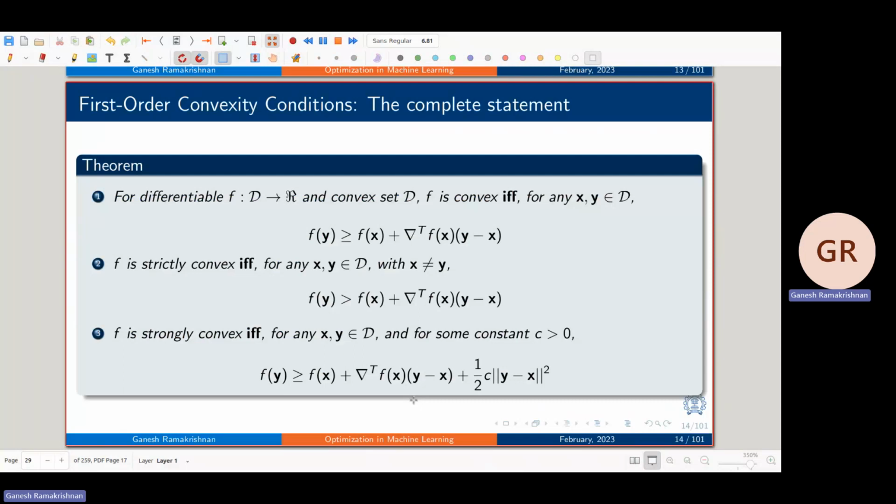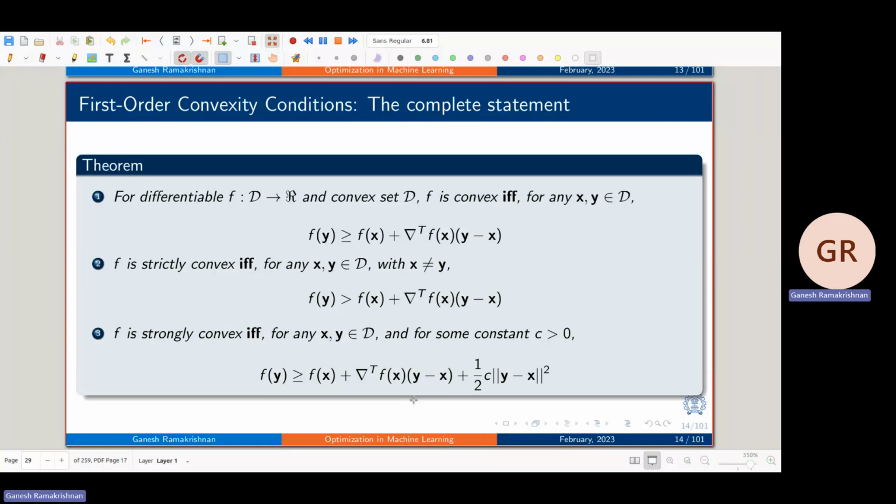That's what we're trying to show. Okay, so this is the function space, and we said this is the epigraph. The epigraph is convex, and therefore there is a supporting hyperplane.